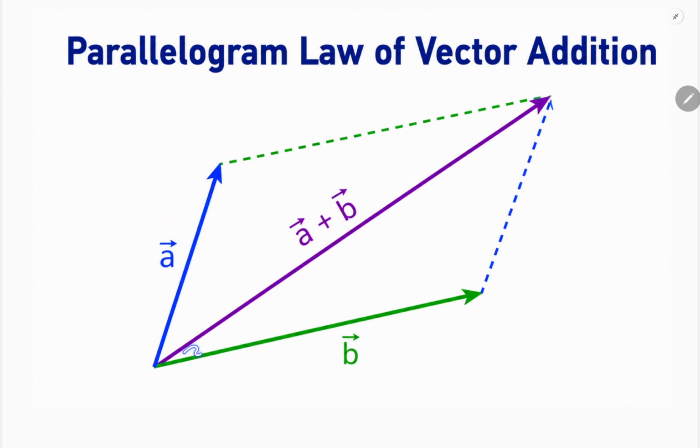If two vectors act towards this and that side at the same time, then the resultant will always be along the diagonal of the parallelogram that is being drawn. Let me try to help you understand the mathematics behind it.